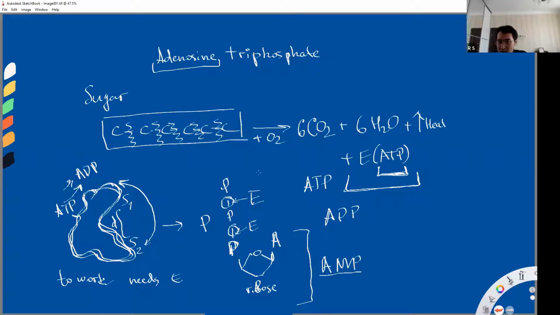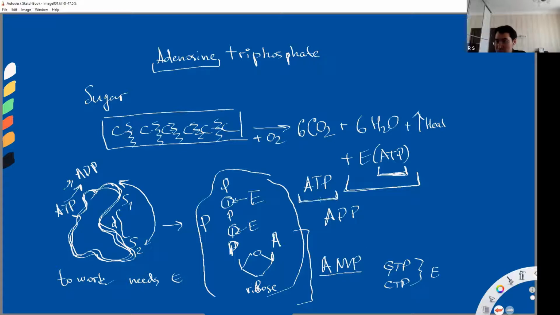So this is a very general, very usual molecule that is being used. We can also have GTP, CTP, and I guess it's usually 3 molecules that are used for energy, but the most abundant one is adenosine triphosphate, or ATP. Is it clear?